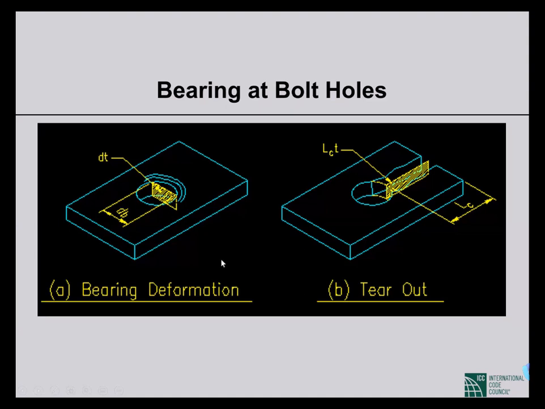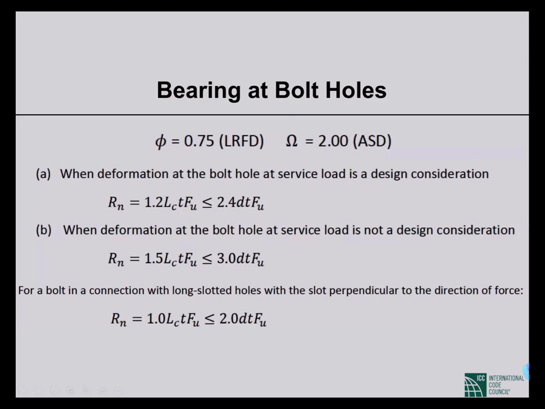So for bearing type of bolts, we have two criteria for each case. When deformation at the bolt hole at service load is a design consideration, at service load, if we consider that there can be no deformation of the bolt, then there are two criteria.